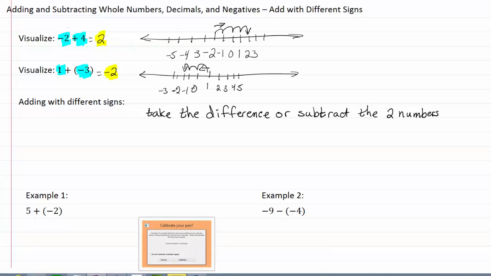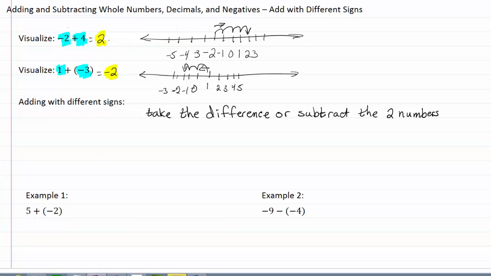Now, you may have noticed that we have one answer that is positive and one answer that is negative. So how do I figure out if they're positive or negative? Well, that actually ends up being fairly easy. Notice that in our first problem, our 4 is larger than -2.